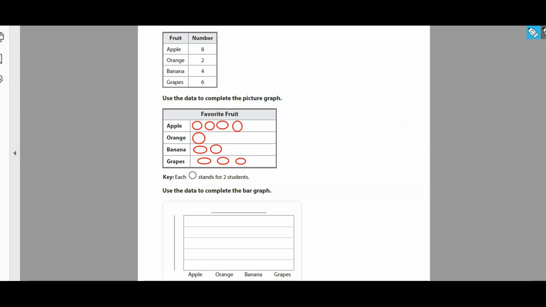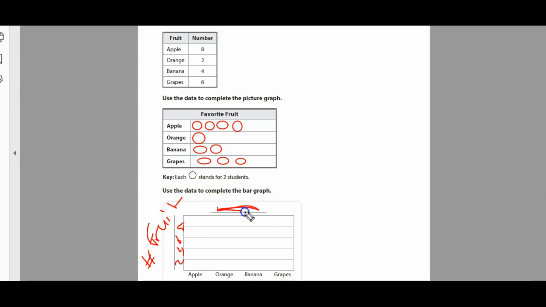So on the side right here, that's the number of fruits, okay? Okay, so number of fruit. And I think I'm gonna go with 2, then it's 4, 6, 8, like that. Makes it a lot easier.